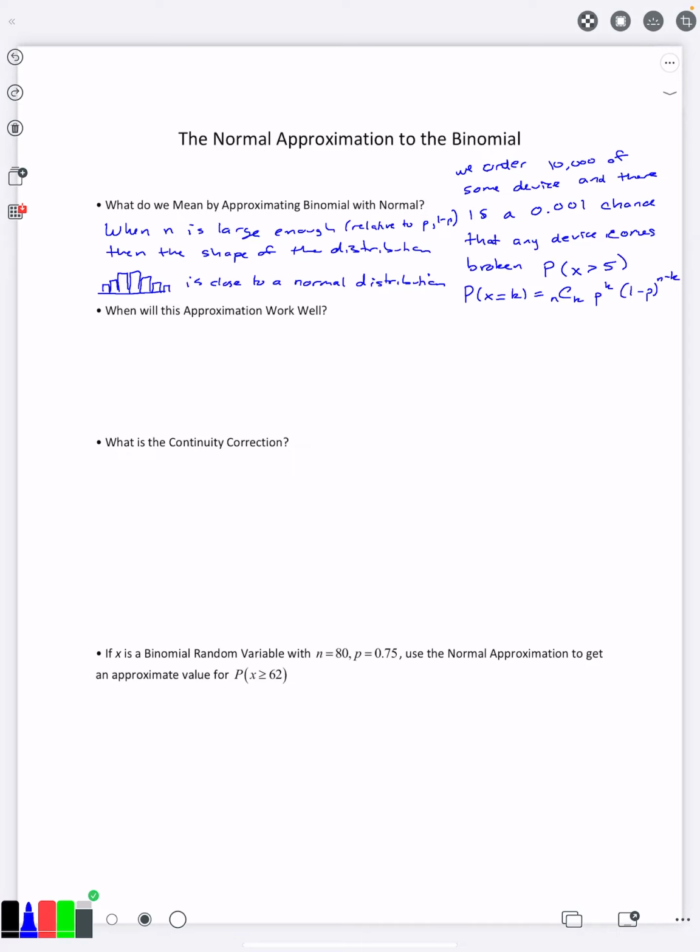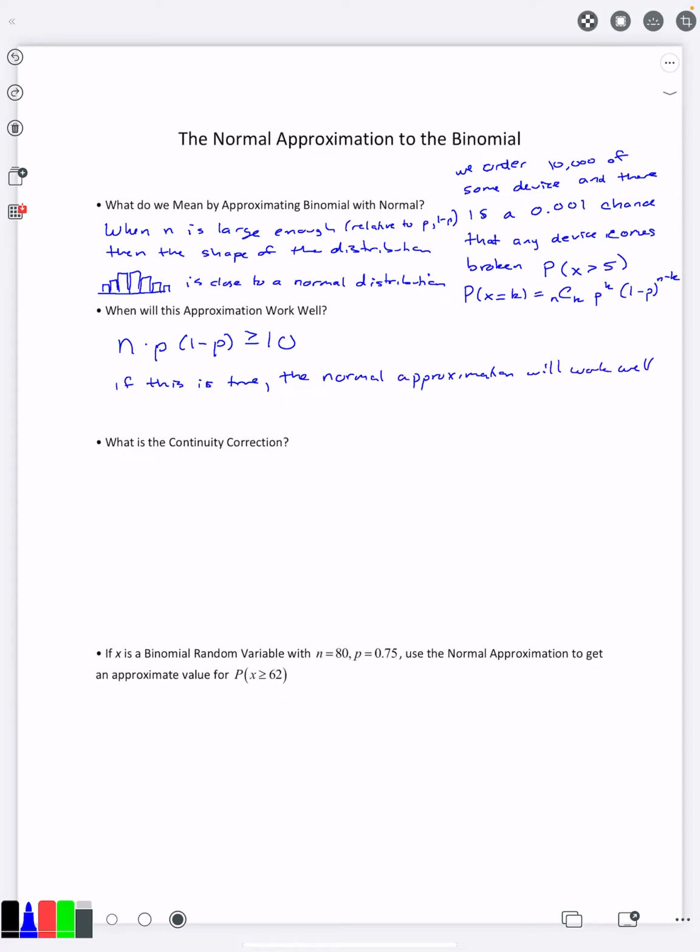The one we're going to go with in this class is that if you take the n, multiply it by the p, and then multiply the answer by 1 minus p, and the number you get is at least 10, then the normal approximation will work well.